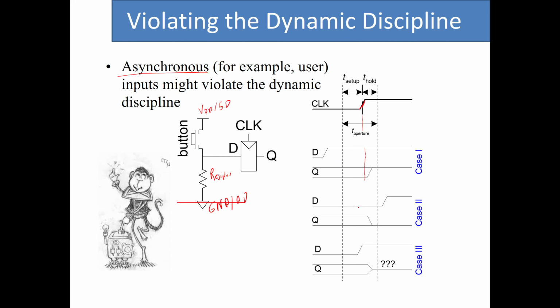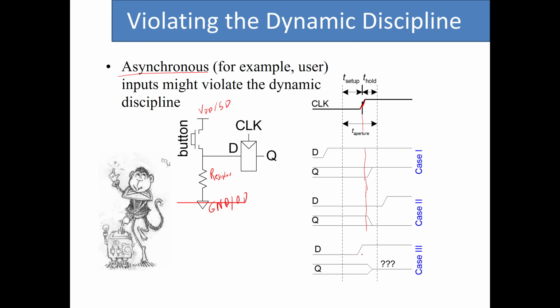So D was 0, at the rising edge of the clock we got a sample of D which was 0, and then after some delay, which is again dictated by the internal components of the flip-flop, we have that 0 being reflected in the output of the flip-flop. So these were the 2 cases where we didn't have any problem. But what if, while we are in the aperture time, the value for D changes? Or in other words, what if during this time we press the button? So what would be the output?